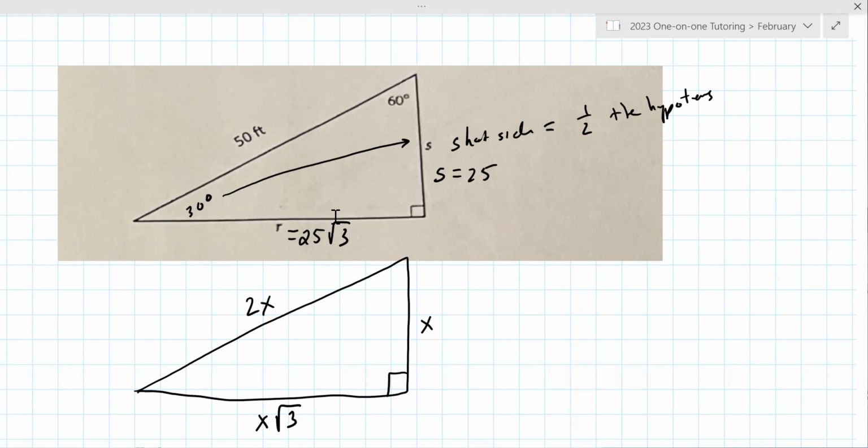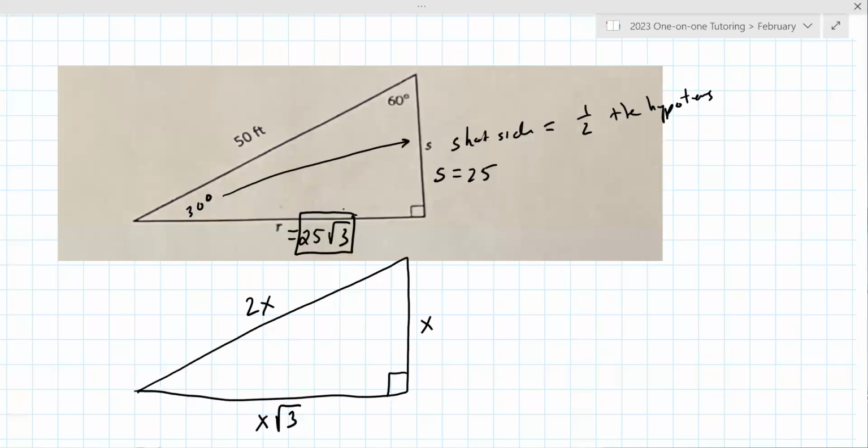That's it. There's no changes. But how come we just have to do 25 times the square root of 3? That is the answer. There's nothing more to do.